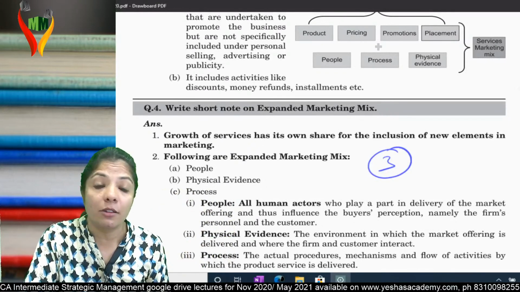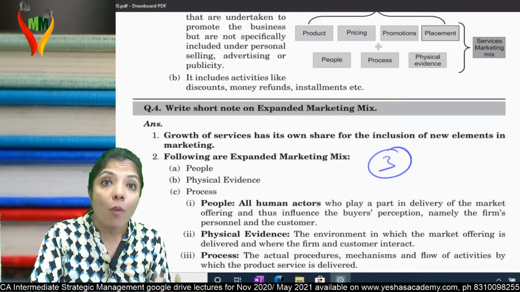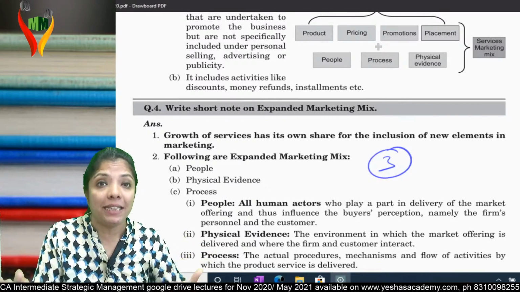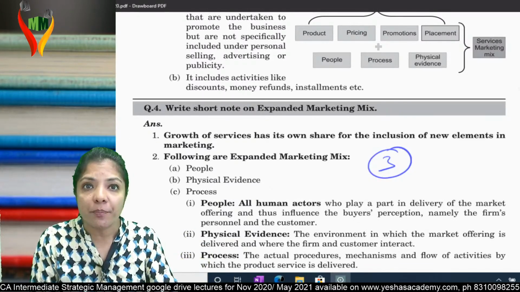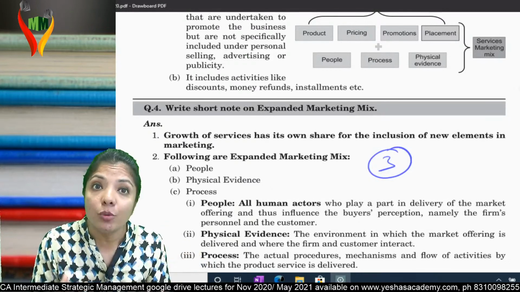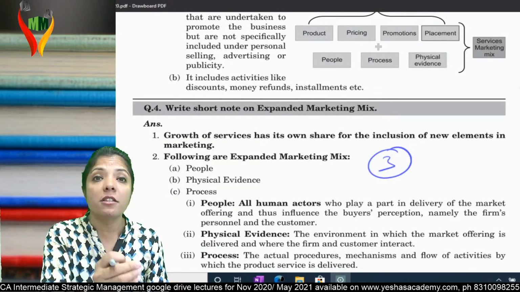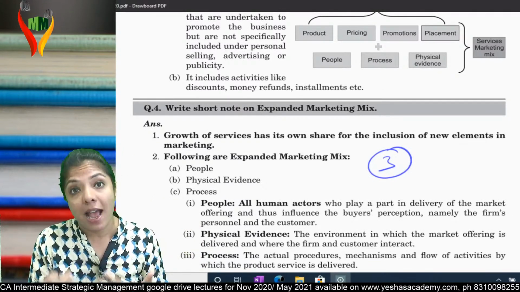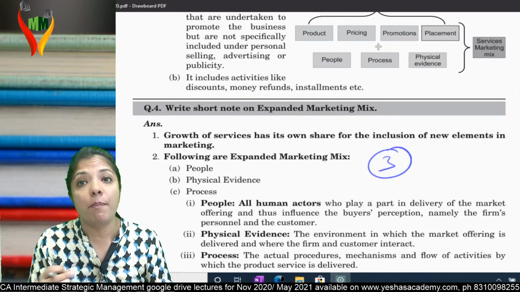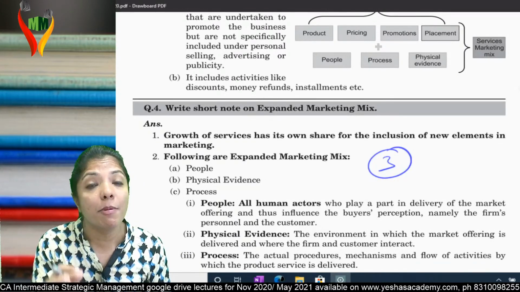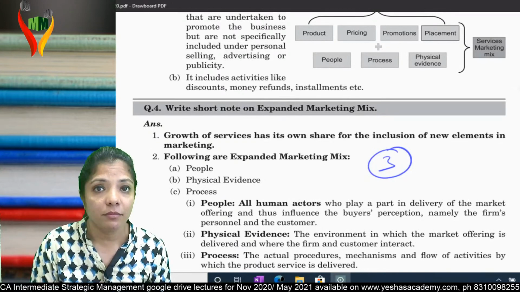But when you talk about a service provider, you have to spend time. Hospital industry, hospitality, restaurant, teaching. You have to spend time with that person. So it's very important that the person who is giving services behaves properly and has a good way of talking. It plays a hell of a lot of importance. The buyer's perception changes only because of that particular person.